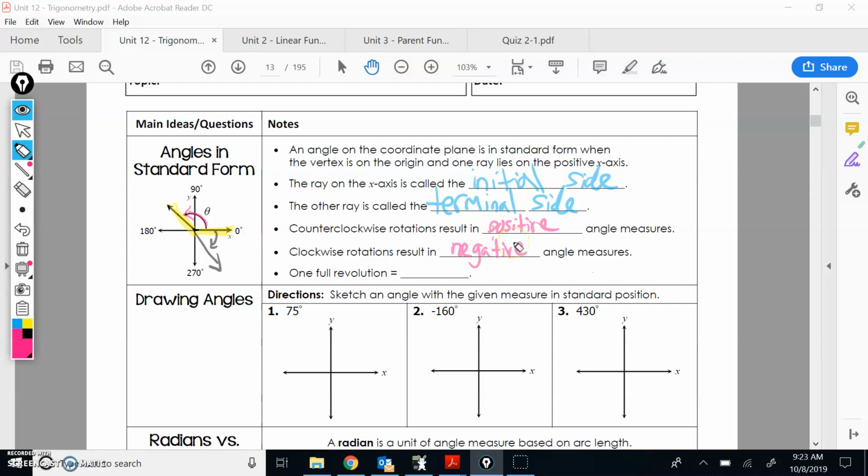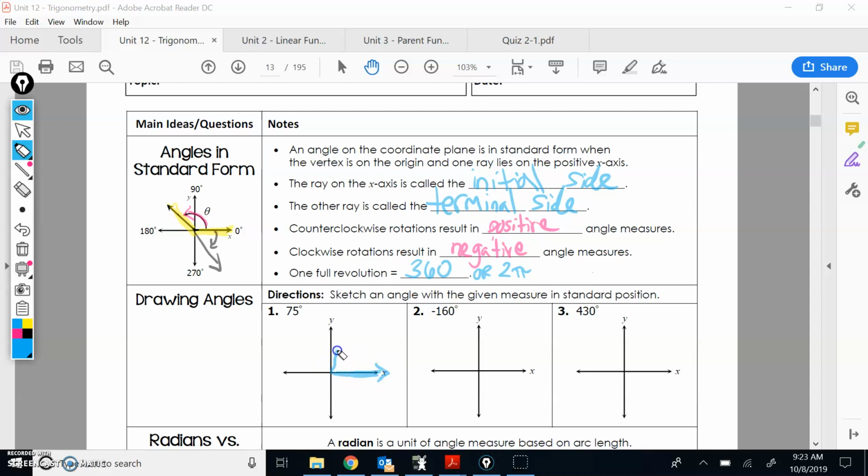And like we know from before, a full revolution around gives you 360 degrees, or in terms of radians, 2 pi. Let's graph some angles. Number 1, 75 degrees, starts right here at the initial side.